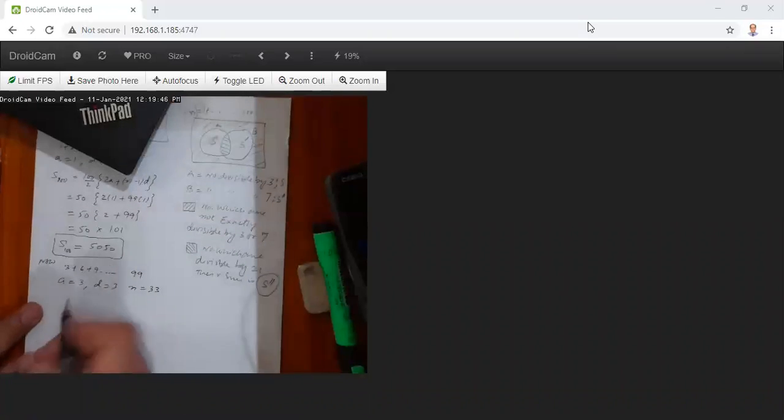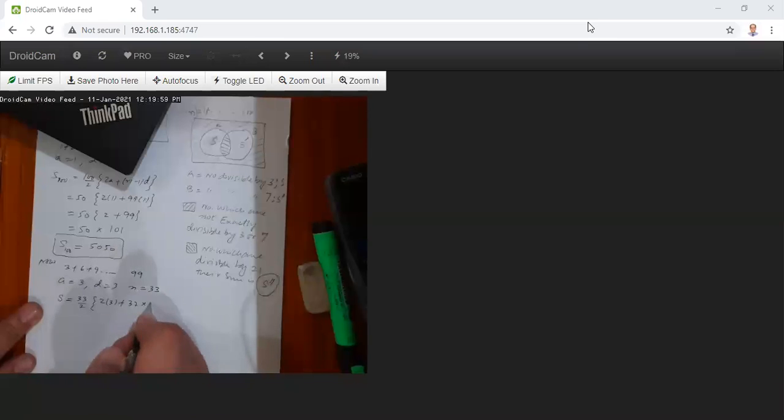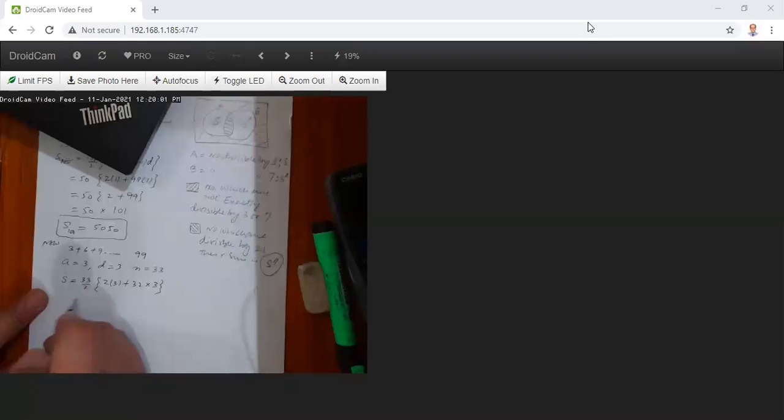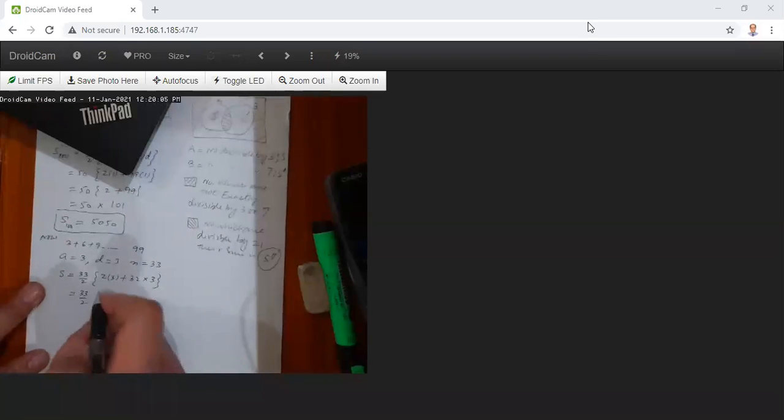Let's find out the second sum, that is S. S will be n upon 2. फॉर्मूला लगा रहे हैं 2a plus n minus 1 का मतलब 32 और d भी 3 है. So you will be having 33 upon 2. ठीक है, और इसके अंदर ये 6 है और ये कितना हो जाएगा, 3 2 6, 3 3 9.